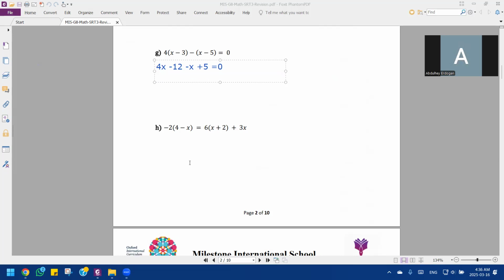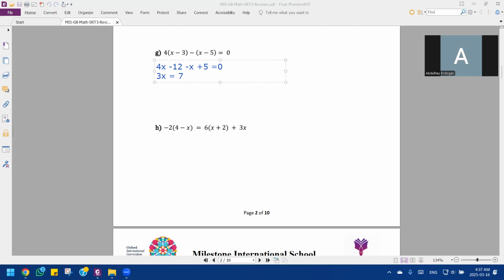Now, let me keep x here. 4x minus x, 3x. Now we have minus 12 plus 5. This will be, so different signs, we subtract. So it will be 7. Oh, sorry, minus 7. Because 12 is bigger, so it's minus 7.